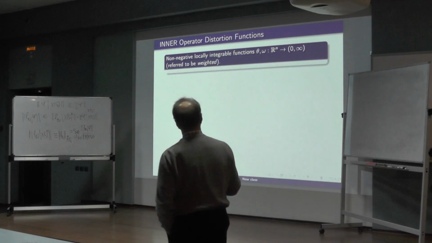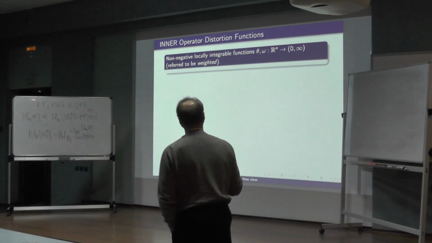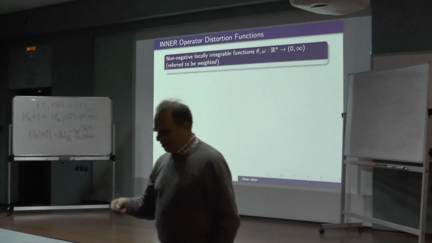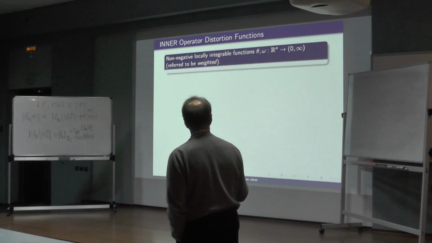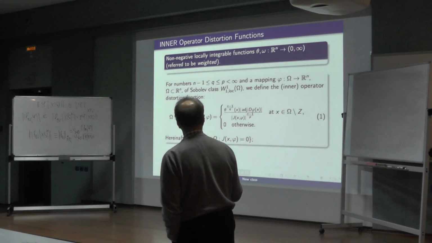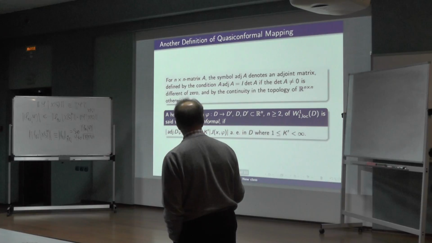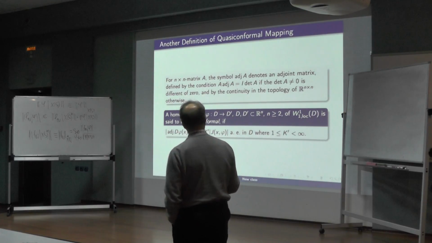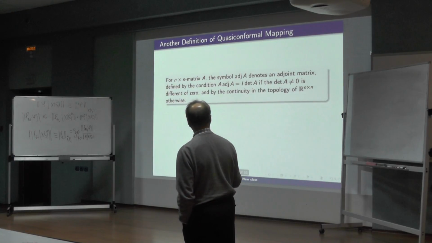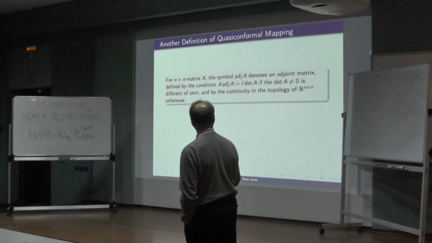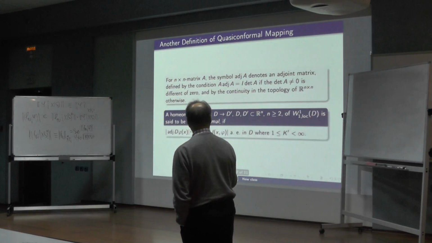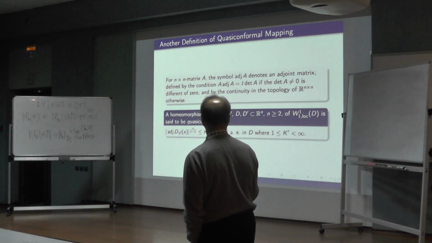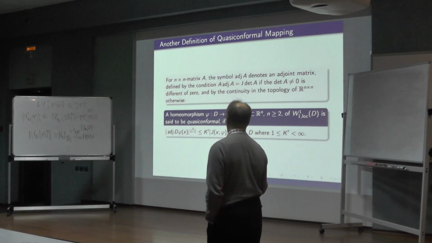Starting from this definition, I will omit all intermediate steps to give the following definition of the operator distortion function. In the classical literature, the first definition is called the outer definition of conformality, and the second is called the inner definition of conformality.